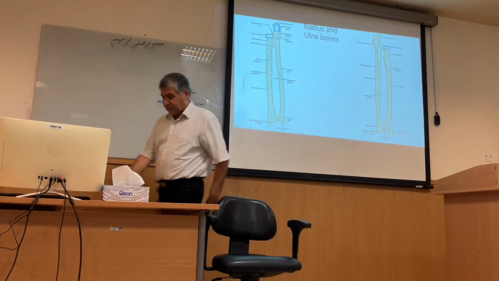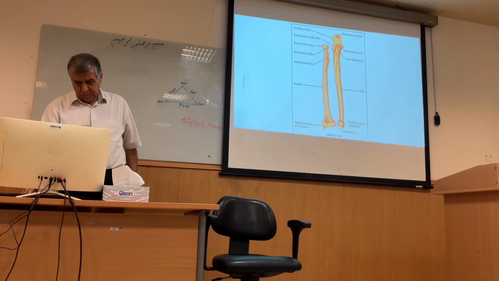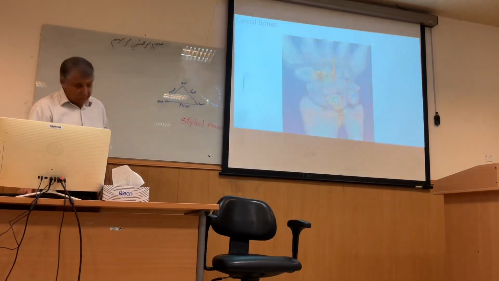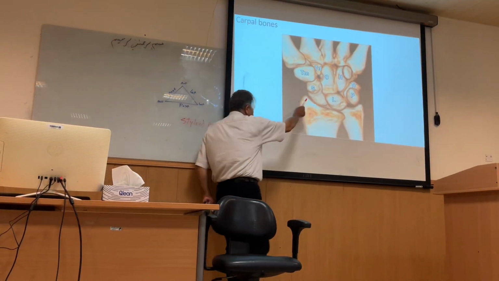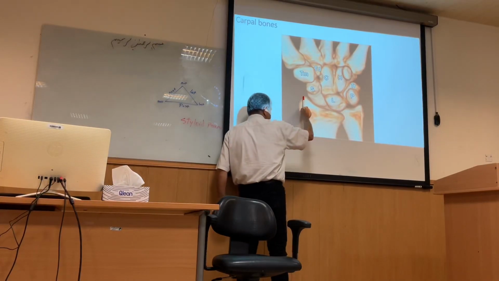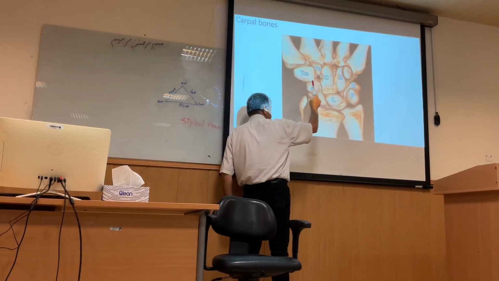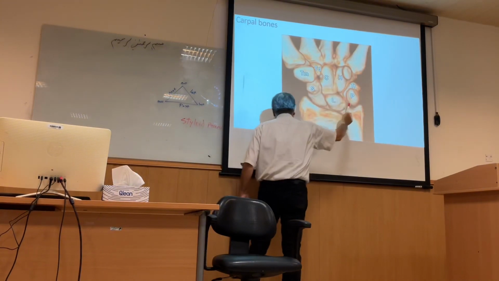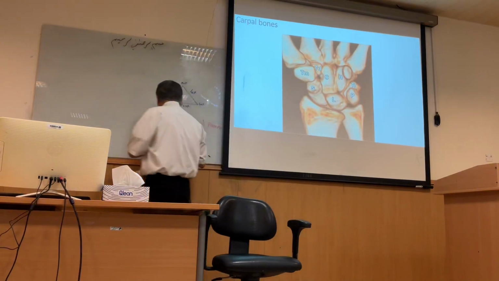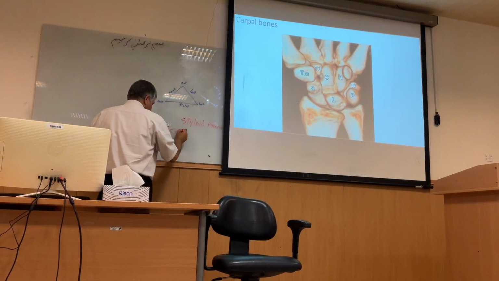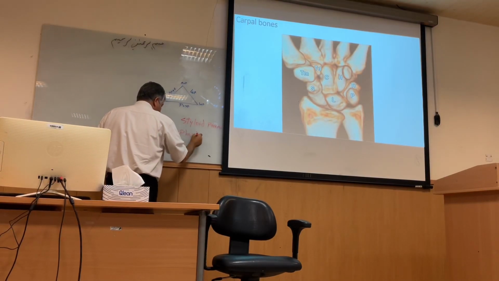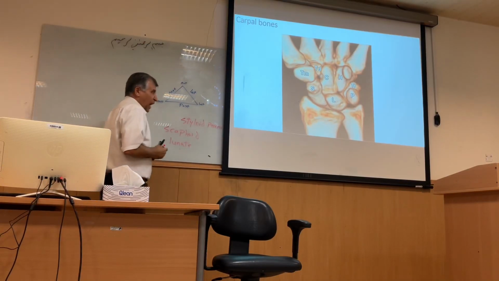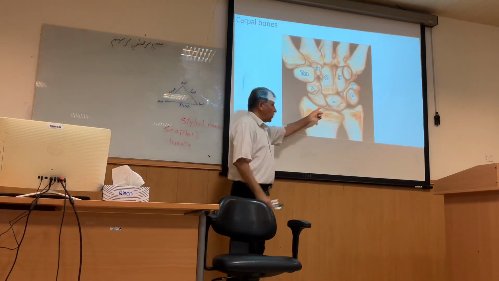The inferior surface of the radius articulates with the scaphoid and lunate of the carpal bones and forms a special joint.